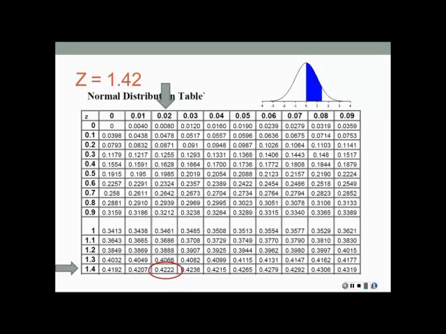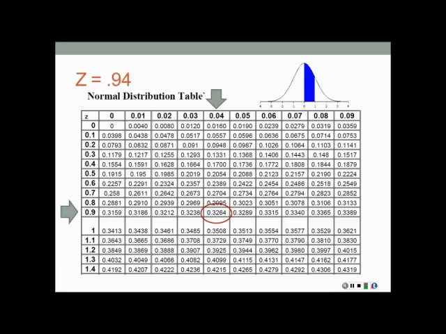That area is 0.4222. For minus 1.42, we look up the numbers exactly the same, but now we're looking at the area from the mean to a point 1.42 standard deviations below the mean. For 0.94, go to 0.9 and 0.04 and look up the value. Now the area in the chart corresponds to the area in blue up here.